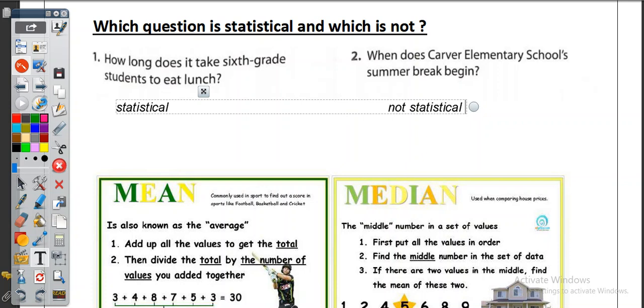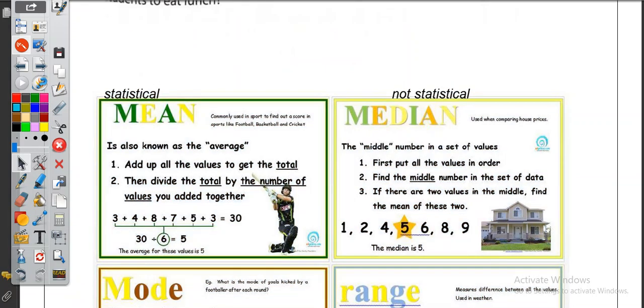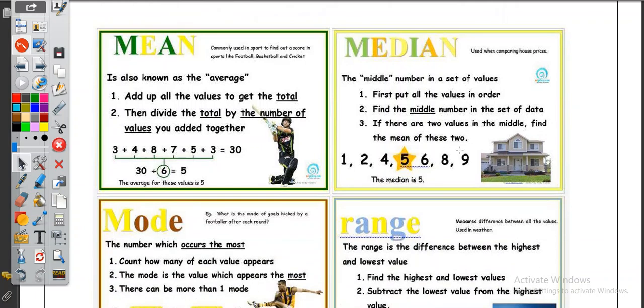Okay, let's now go to the next thing, which is the mean, median, and mode. How to find them? Well, the mean is to add all the numbers or the data and divide them by the number of the data. The median, you will arrange them in order, then take the middle one.